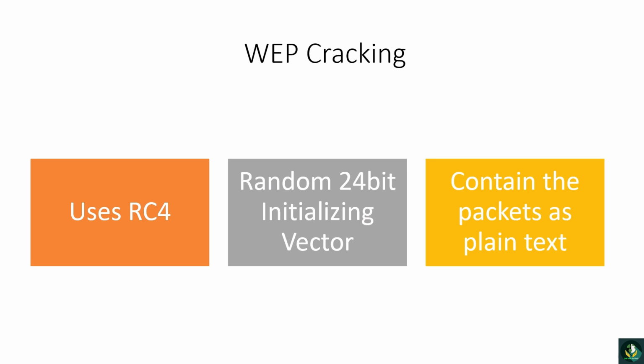So in a busy network, a very large number of packets are sent into the air. This means the number of possible random IVs will be exhausted, and we will have two packets that have the same initialization vector. The initialization vector is a 24-bit random value sent in plain text in each packet.